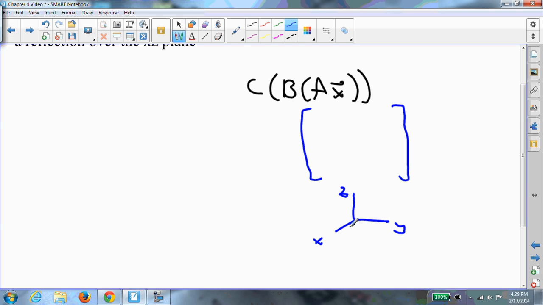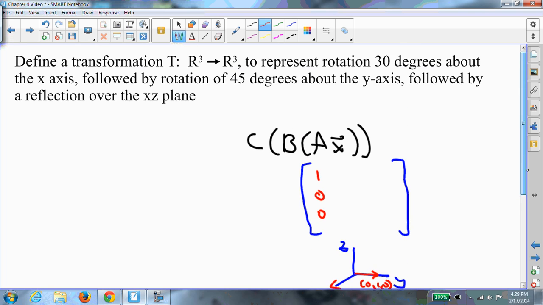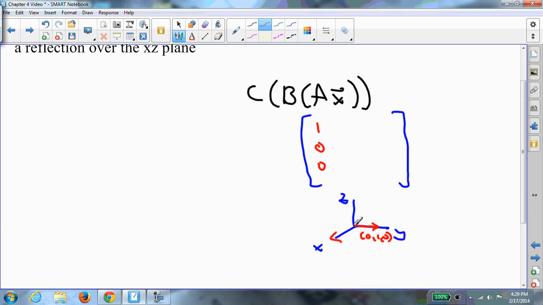If I rotate a vector about the x-axis, anything on the x-axis stays on itself. So my first column is going to stay 1, 0, 0. If I take the y vector, or something along the y-axis, which would be 0, 1, 0, and rotate it 30 degrees with respect to the x-axis, I'm going to end up here, and this is cosine 30, sine 30.